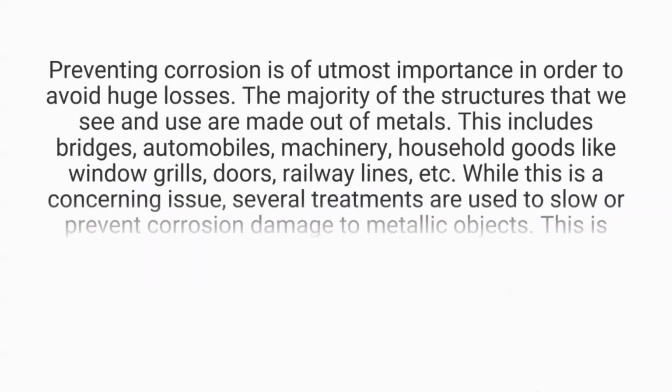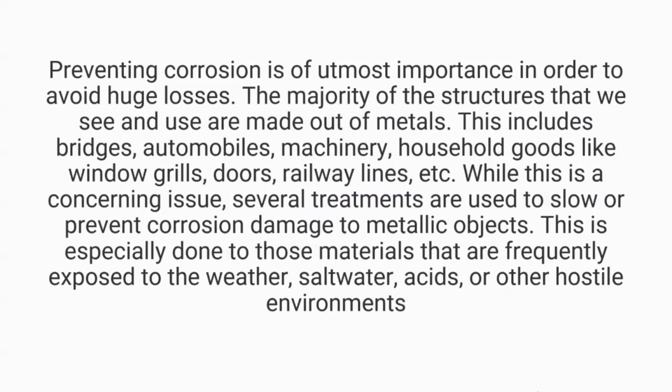Prevention of corrosion. Preventing corrosion is of utmost importance in order to avoid huge losses. The majority of the structures that we see in use are made out of metals. This includes bridges, automobiles, machinery, household goods like window grills, doors, railway lines, etc. While this is a concerning issue, several treatments are used to slow or prevent corrosion damage to metallic objects.